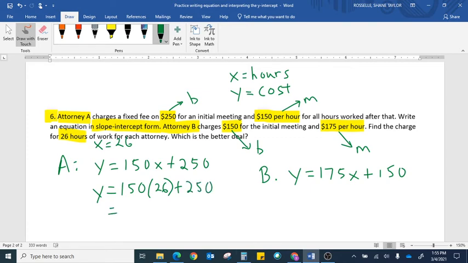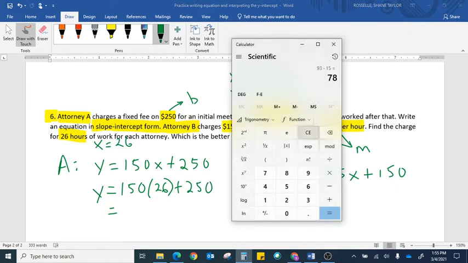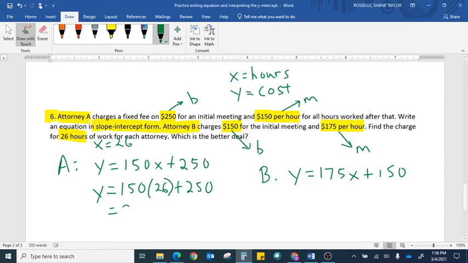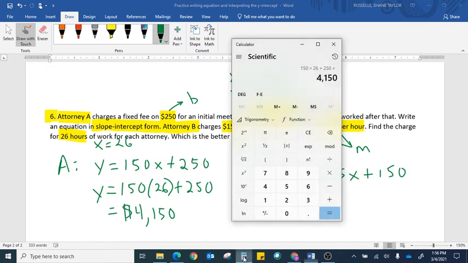Go in my calculator, and I type in 150 times 26, and I can just say plus 250, and there it is. $4,150. Make sure that that's right. $4,150 for attorney A.